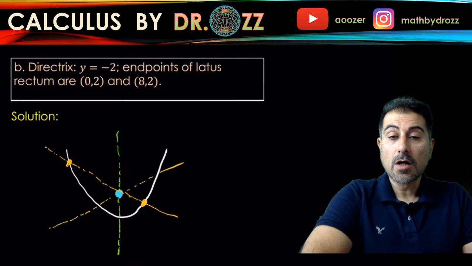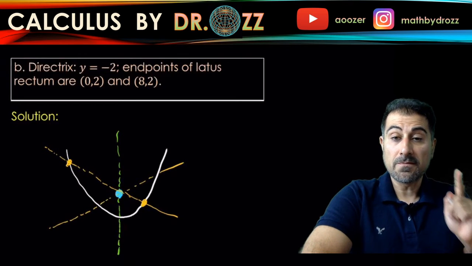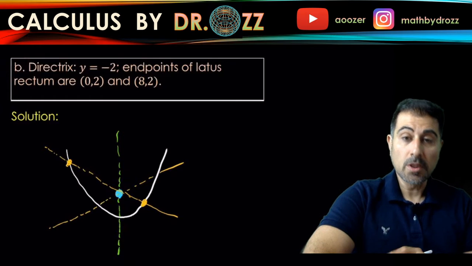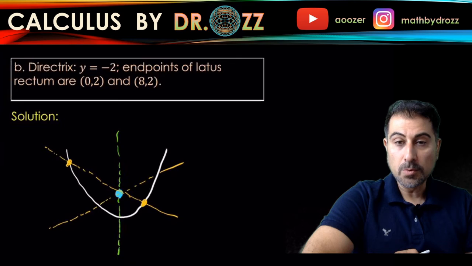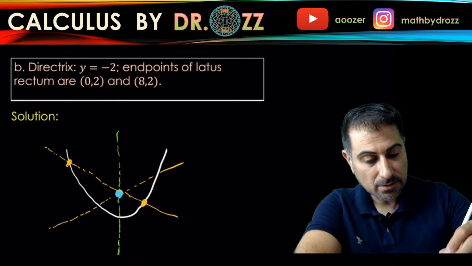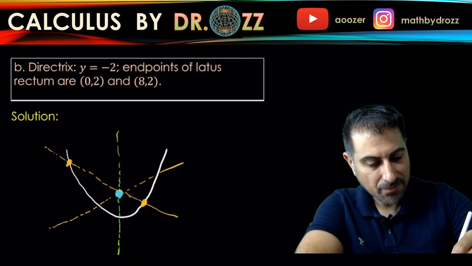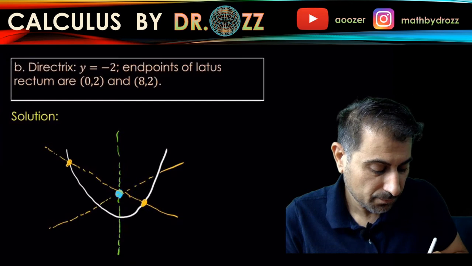Focal chords. Once we have focal chords, we have a very specific focal chord that is in fact perpendicular to the major axis. That one is what I'm after. It's called the latus rectum.